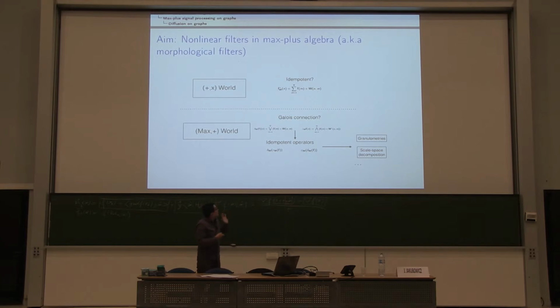So what is the contribution of this talk? Basically, we know how to do convolution or blurring in what we call max times, the classical algebra. We want to extend this idea of convolution to max plus algebra. I know that we are not really familiar with max plus algebra, so that's why I put this diagram.